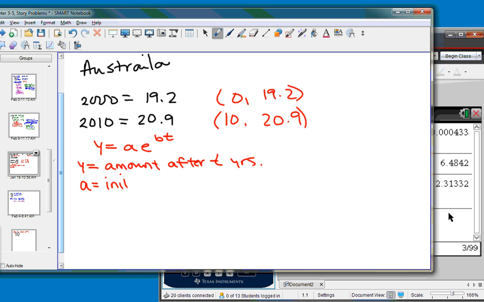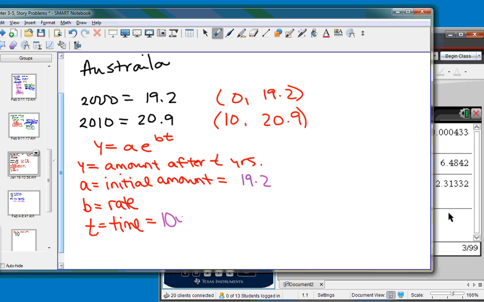The initial amount. And what is that amount here? 19.2. Very good. And what does B represent? The rate. Do I know that? And what does the T represent? And what is my T? 10 years. And after 10 years, what is my Y? 20.9.